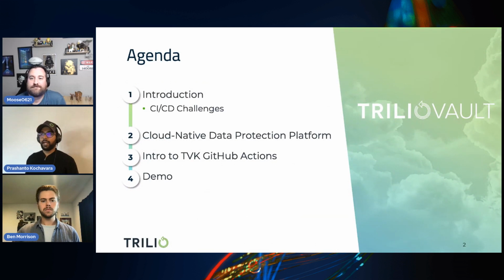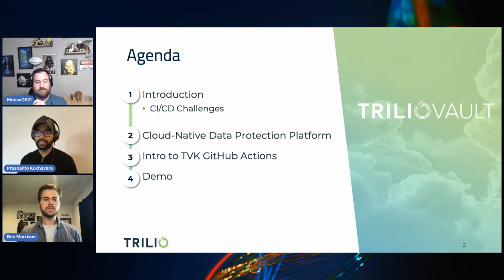So from an agenda perspective, what I'm going to do first is talk about the challenge or the problem that we are solving over here. Next, we will get into the cloud native data protection platform of Trilio, and we look at the solution: what is the technology behind the solution to the challenge and how it's powering it.